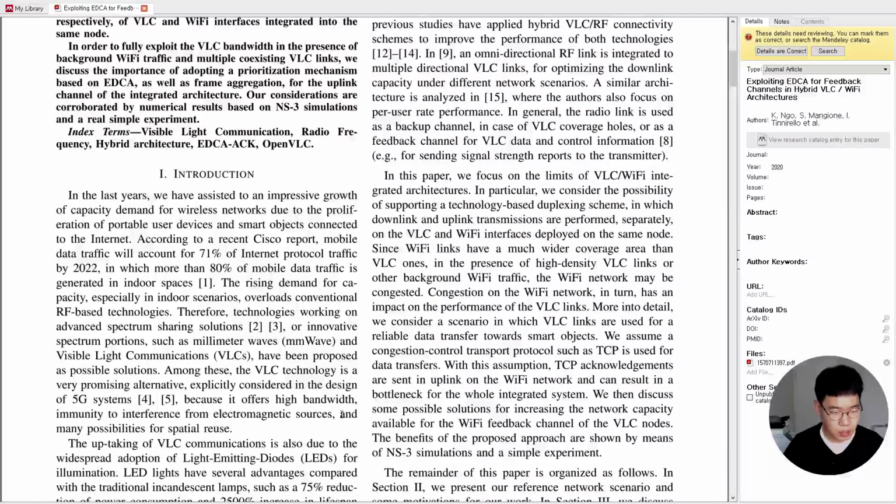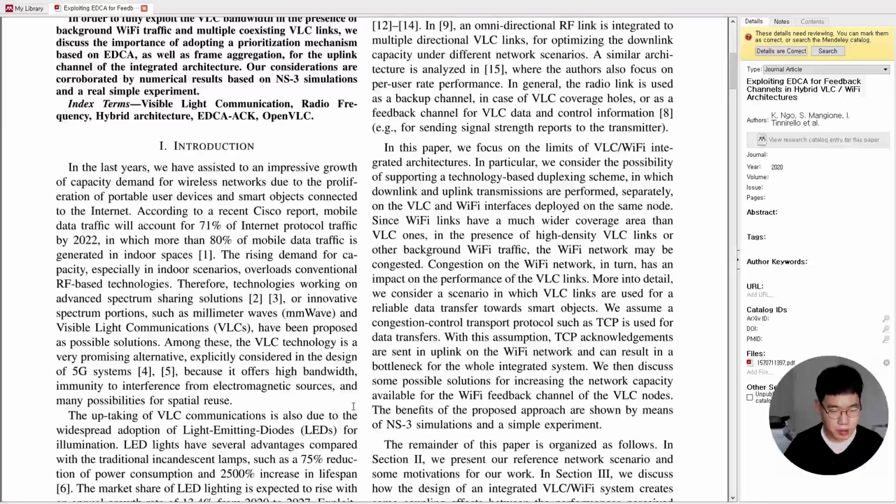The uptake of VLC is also due to the widespread adoption of light-emitting diodes (LEDs) for illumination. LED lights have several advantages compared with traditional incandescent lamps, such as a 75% reduction of power consumption and a 2,500% increase in lifespan [6].